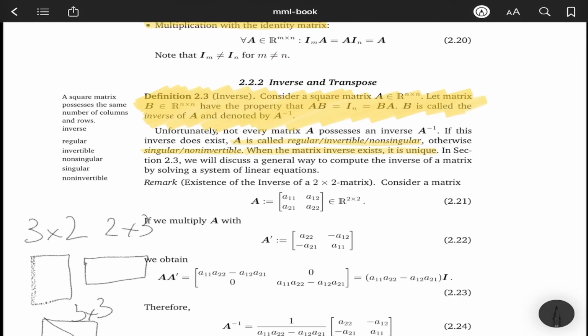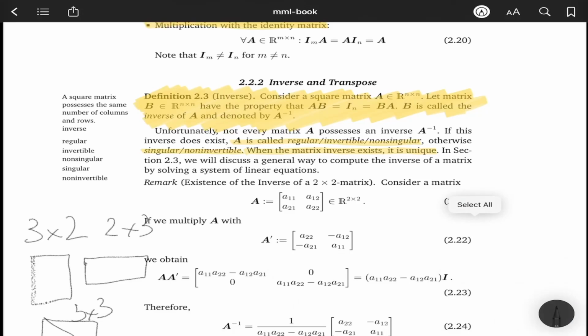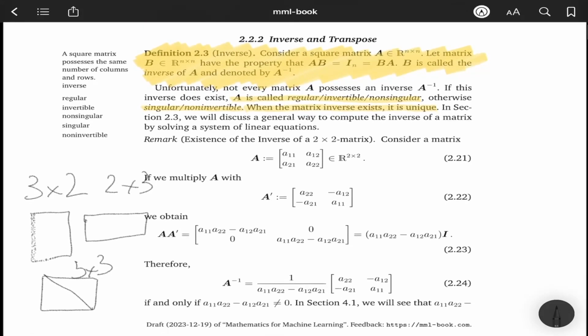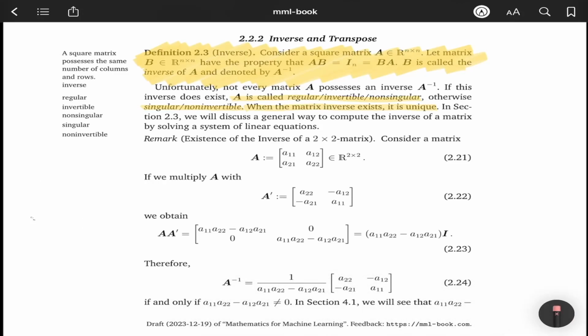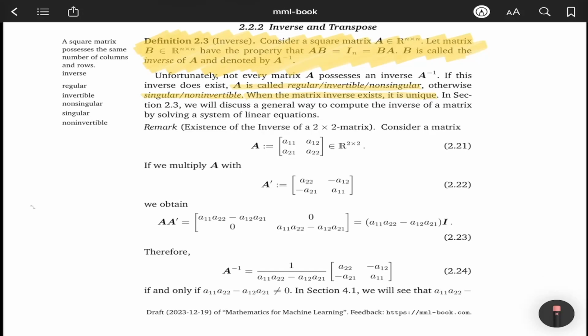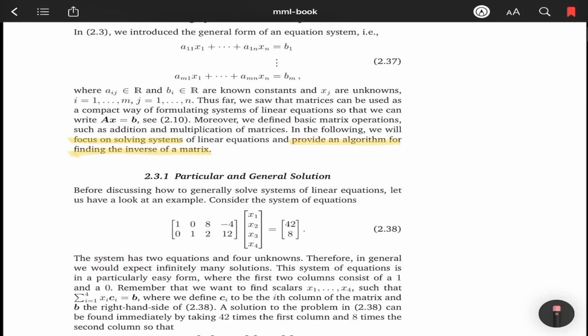We know that the identity matrix has to be a square. Okay, I don't see a reason why non-square matrices cannot have an inverse, but I guess we will find this. Okay, let's go back.